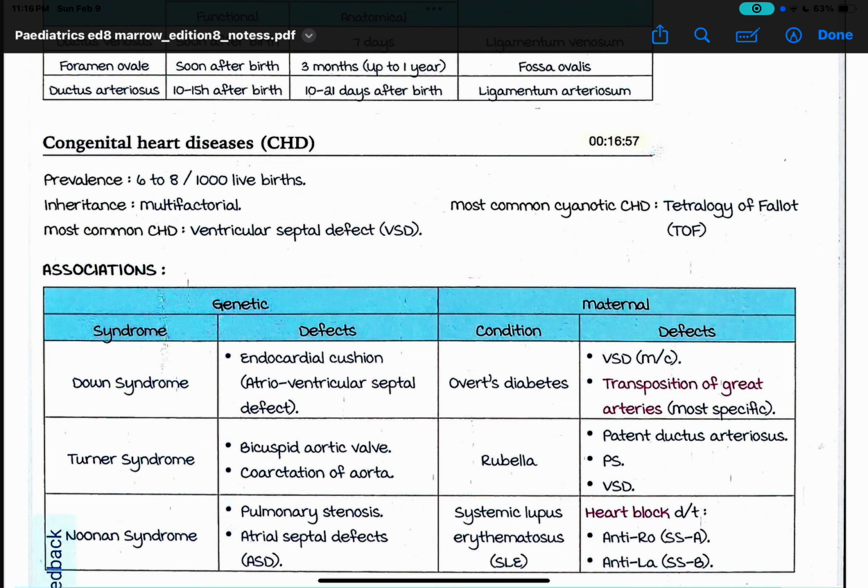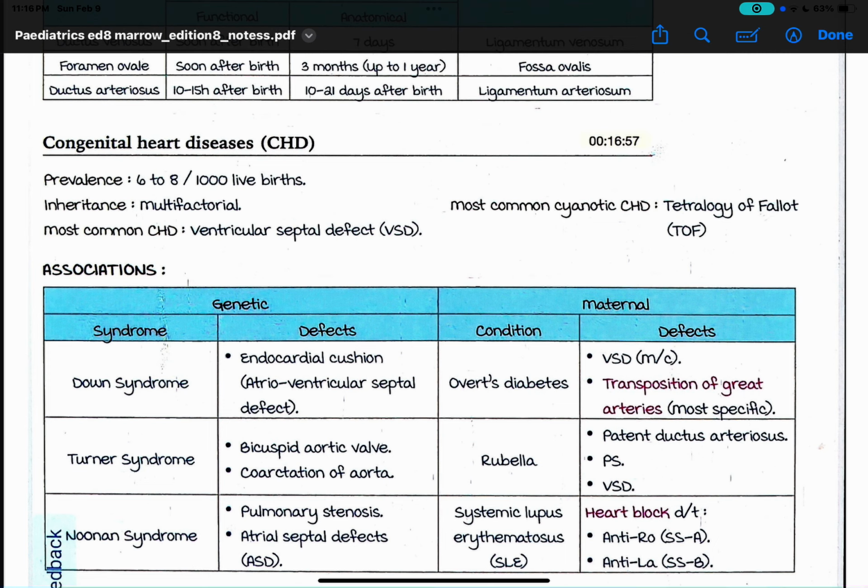Genetic and maternal associations. Genetic association: Down syndrome, most commonly endocardial cushion defects, atrioventricular septal defects. Turner syndrome, bicuspid aortic valve defect and coarctation of aorta. Noonan syndrome, pulmonary stenosis and atrial septal defect, ASD.